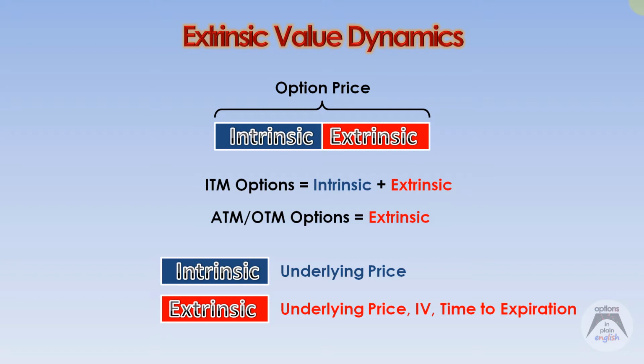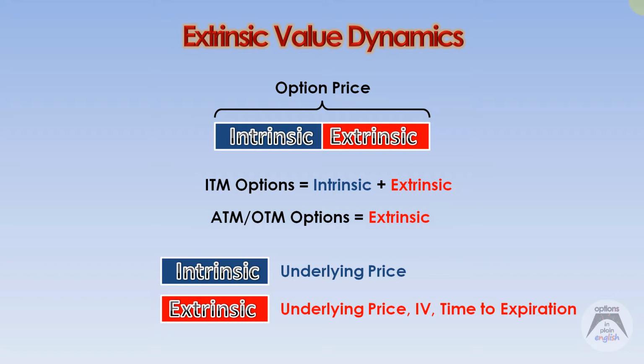And the same thing happens with implied volatility. A higher level of implied volatility is going to be reflected in a higher value of extrinsic or time value, and also an overall higher option value. So this is important to understand. Intrinsic doesn't depend on implied volatility or time, just straight up price versus the strike price.